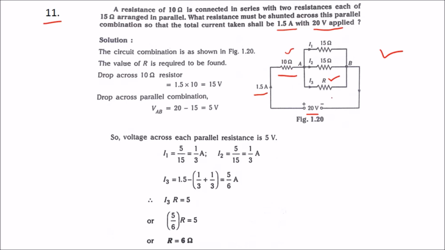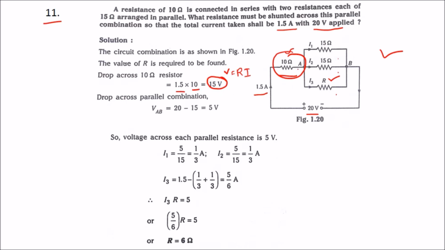So we know that the voltage across all the three parallel resistances will be equal. The supply voltage is 20 volts. Let us find the voltage across the 10 ohm resistance. We know the formula V is equal to R into I. Here I is 1.5 and R is 10, so that is 15 volts.